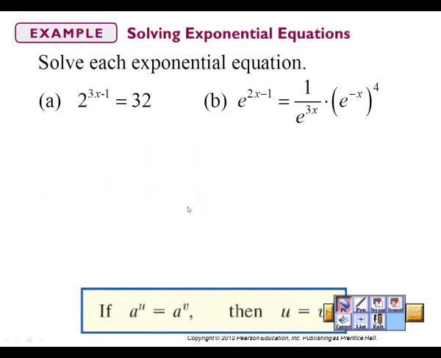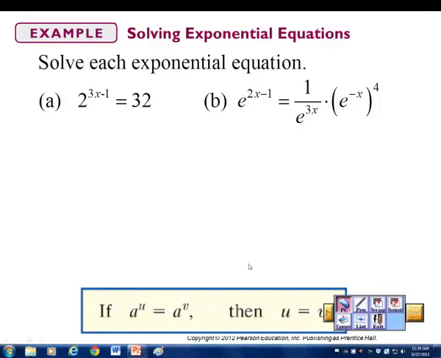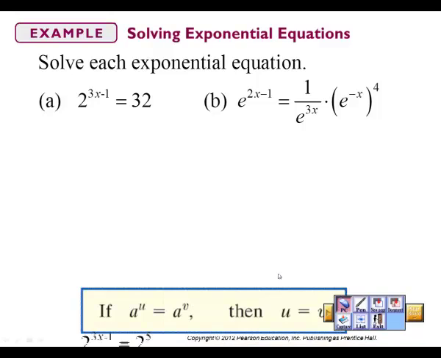Okay, so here we have a problem where we have 2 to the 3x minus 1 power. So if we can change that 32 to 2 to some power, then we can set the exponents equal to each other and solve. Well, in this case, 2 to the 5th power is 32.